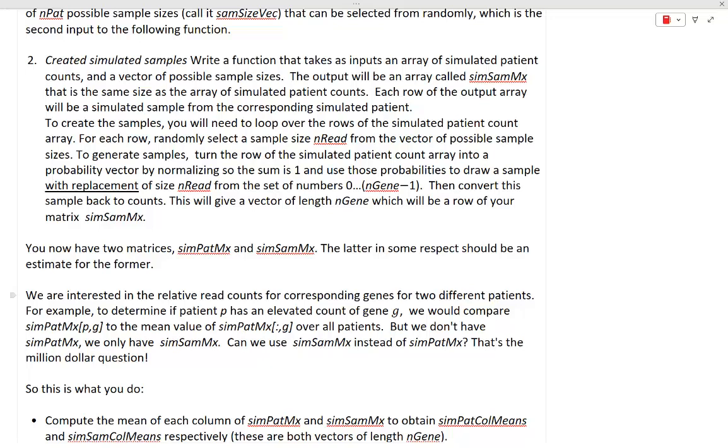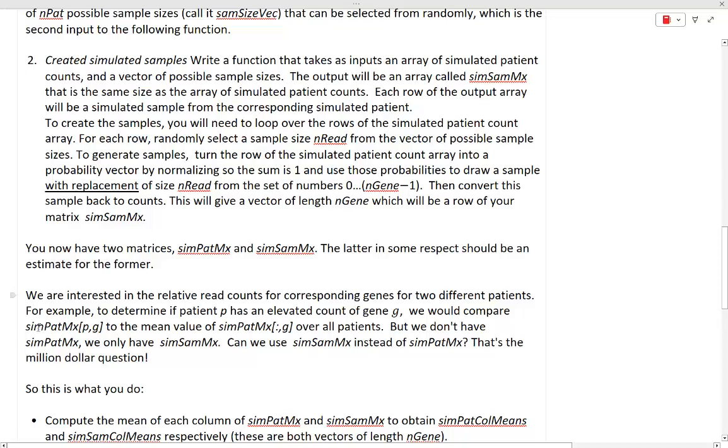Like I said, if I take the SimPat matrix for patient P and gene G, and that's bigger than the mean value over all patients for that gene, then patient P has an elevated value for gene G. So the relative level, relative to the mean, determines whether the gene level is elevated or not.